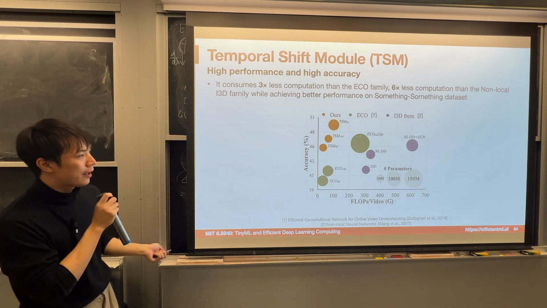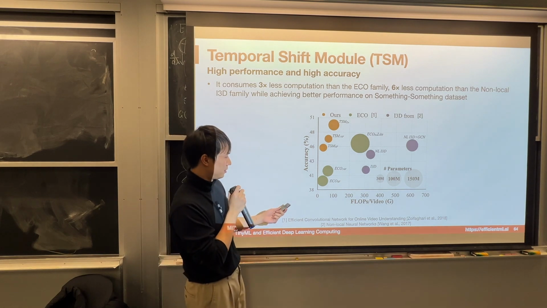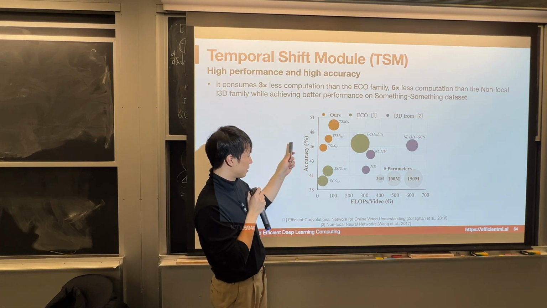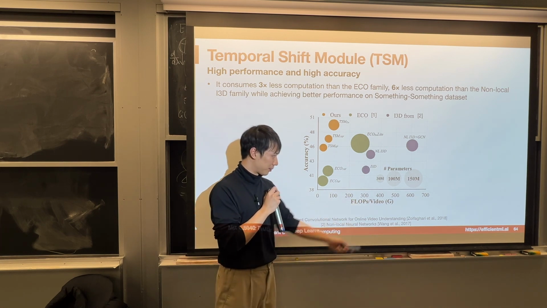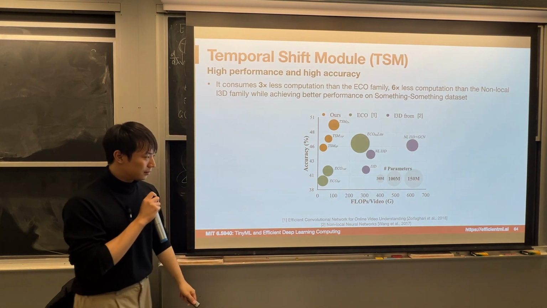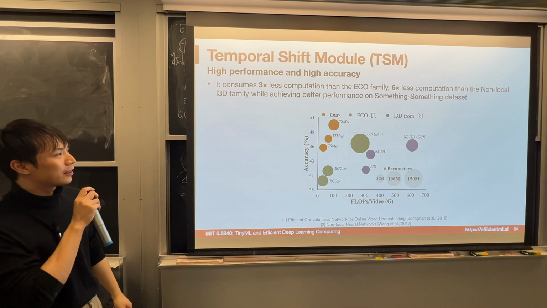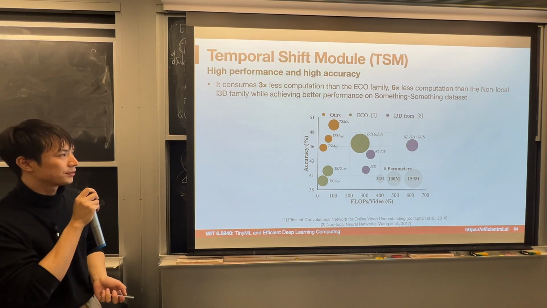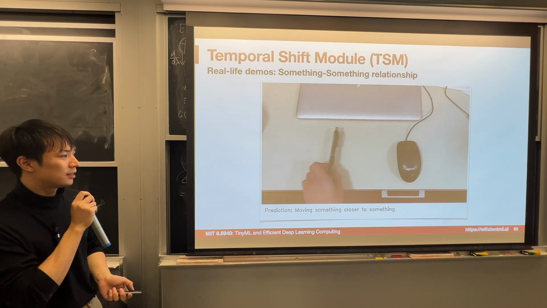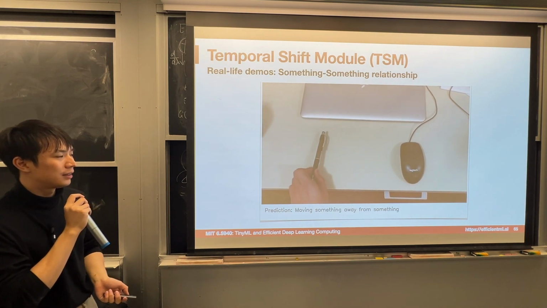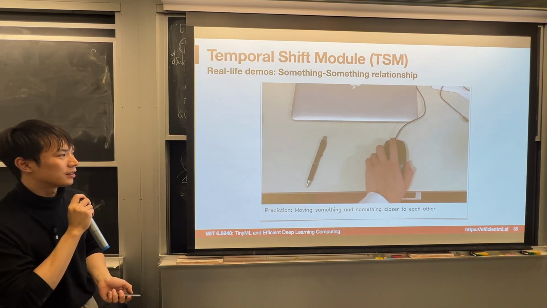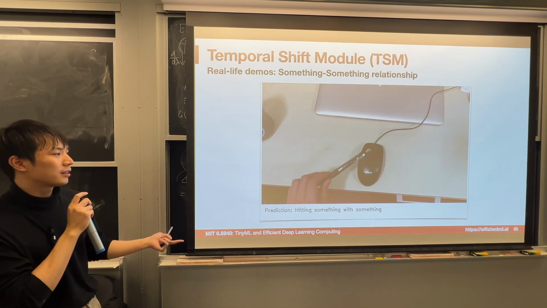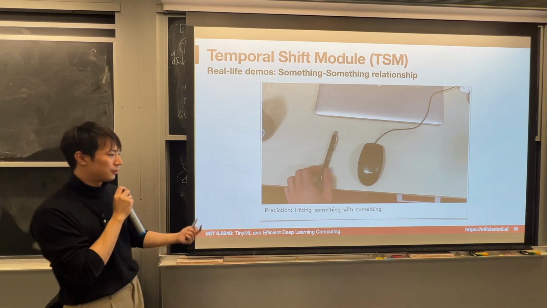Compared to baselines like I3D, as we mentioned, and another efficient video baseline, we are comparing accuracy versus computation, and we have a much better trade-off curve compared to the other 2 models. Here is a demo of running a TSM model on the Something-Something dataset. It's an object-agnostic dataset that just models the relationship.